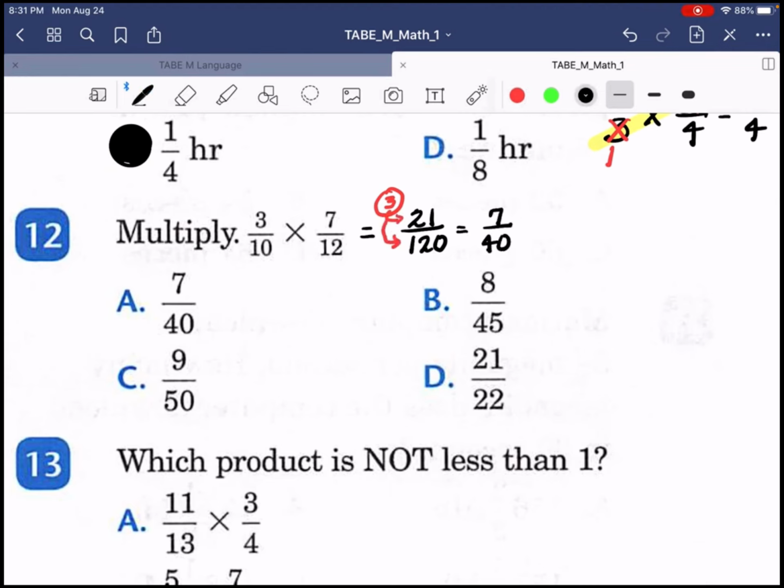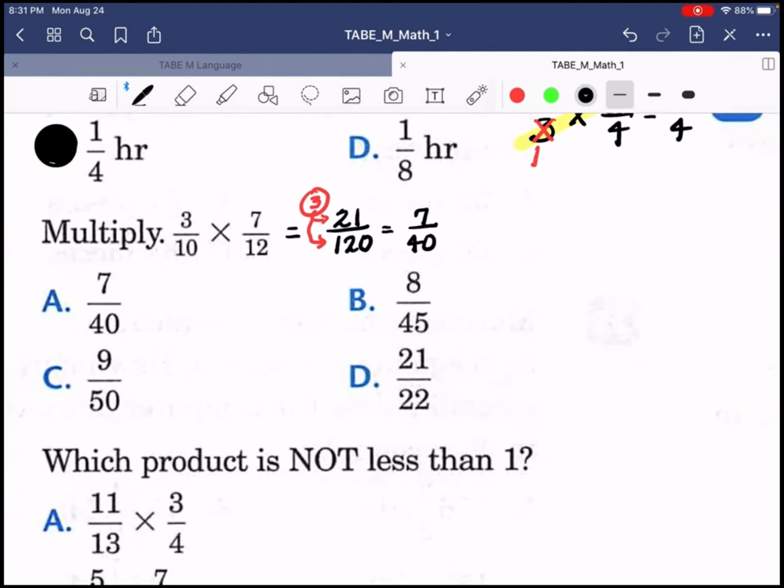And I hope I go back and show you the canceling route for this one. I do. The 3 and the 12 will cancel. You have to cancel diagonally. So 3 into 3 and then 3 into 12 will give you a much shorter, smaller problem.